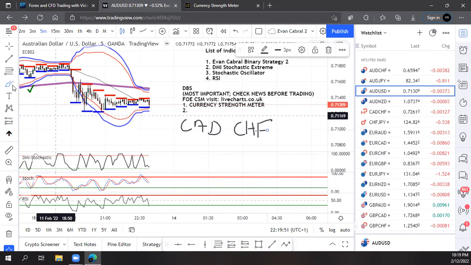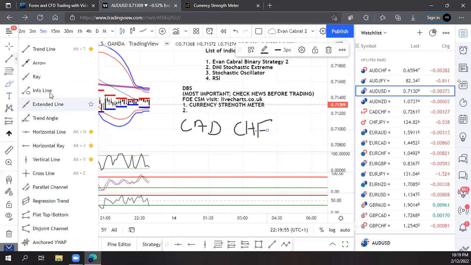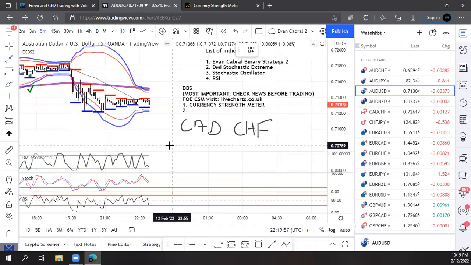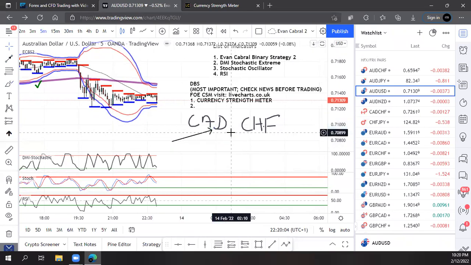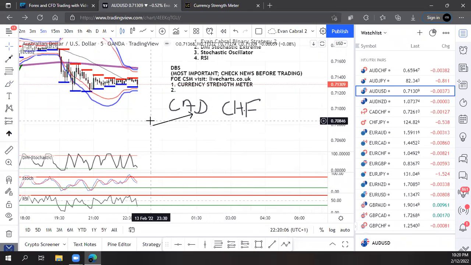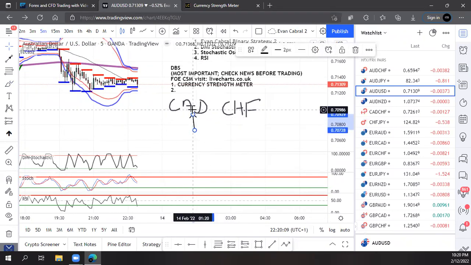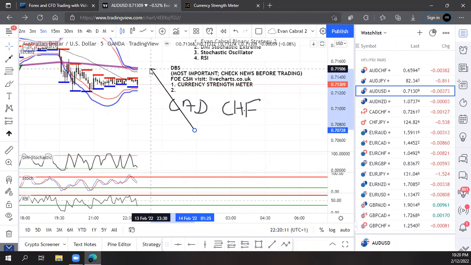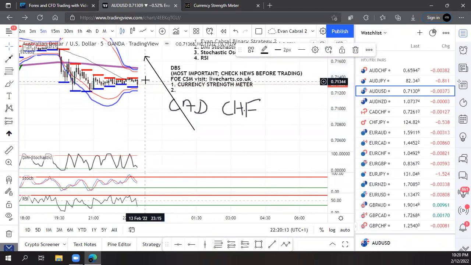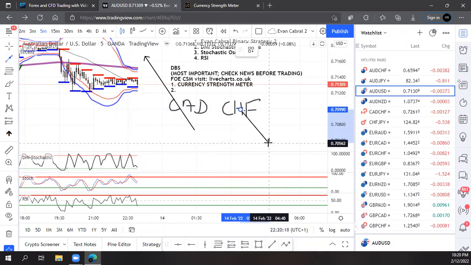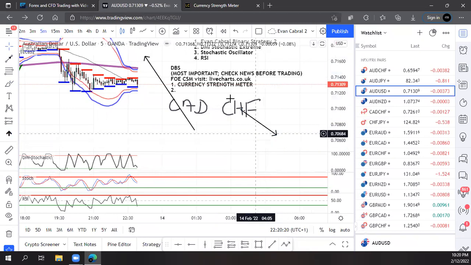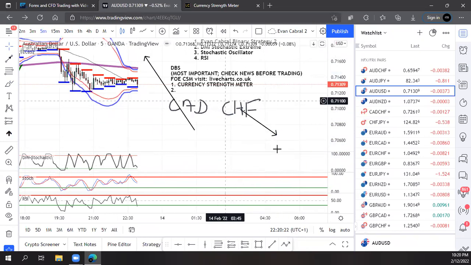Now, how this works is that if the first currency, which is CAD, is stronger than this second currency, we are going to be buying in the market. Why? Because we see the first currency as pushing the market upwards, right? But if it's the second currency that is stronger, it's going to do the opposite. It's going to be pulling the market backwards.